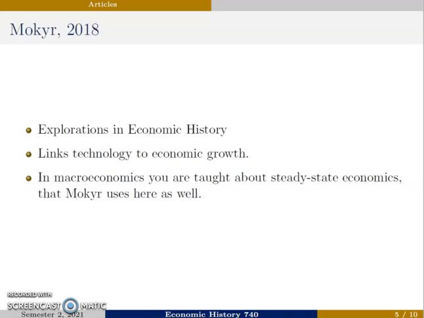So Joel Mokyr, 2018 Explorations in Economic History article. So he thinks about it from a more macro perspective, where Allen has a micro perspective where he specifically focuses on the spinning jenny, the yarn industry, the wool industry, the cotton industry. It's a very small, specific study. Mokyr takes a bigger picture or macro view where he links technology and technological progress to economic growth.